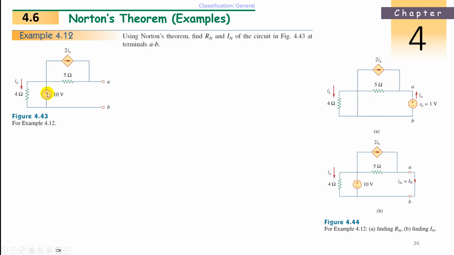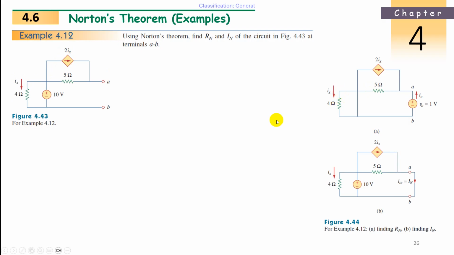So 10 ohms. When we short circuit this 10 volt source, we cannot remove this 4 ohm resistance, because the current depends on this element, the dependent current source. So that's why we cannot do that.